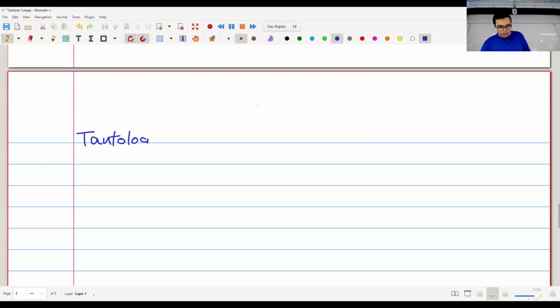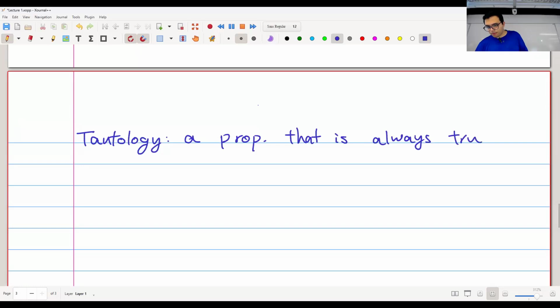So a tautology is just a proposition that is always true. And whenever I'm proving a theorem, I'm basically showing that a particular proposition is a tautology.